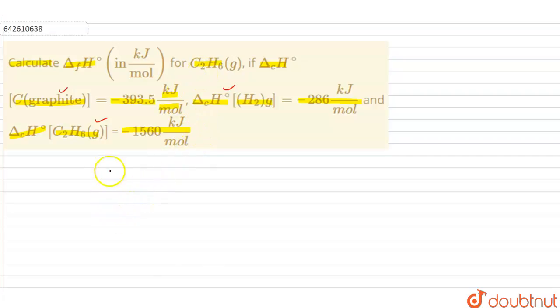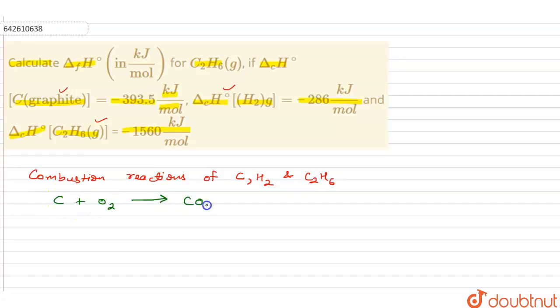So first of all, let us lay down the combustion reactions of graphite, hydrogen, and ethane. I guess you're ready. The first one is as follows: carbon plus oxygen gives me CO2.